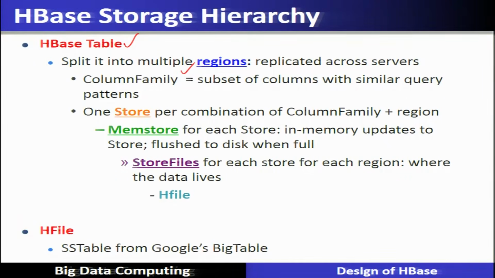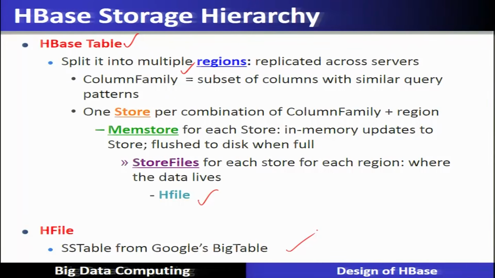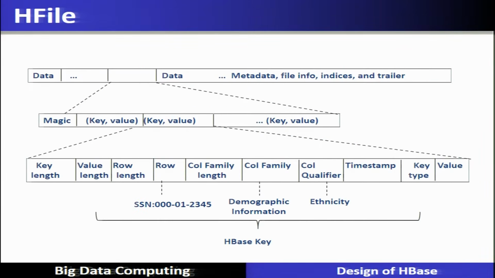In-memory updates to the store are flushed to disk when full, like we have seen in Cassandra. Store files for each store for each region are where the data lives, and within that is the basic HFile, and HFile is stored in HDFS. HFile is an SSTable from Google's Bigtable. So, this is about the HBase HFile.